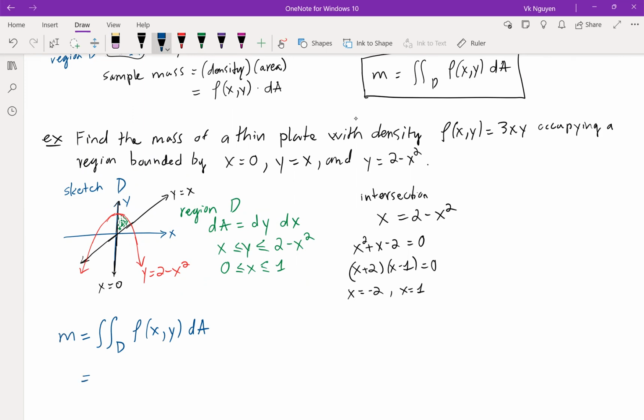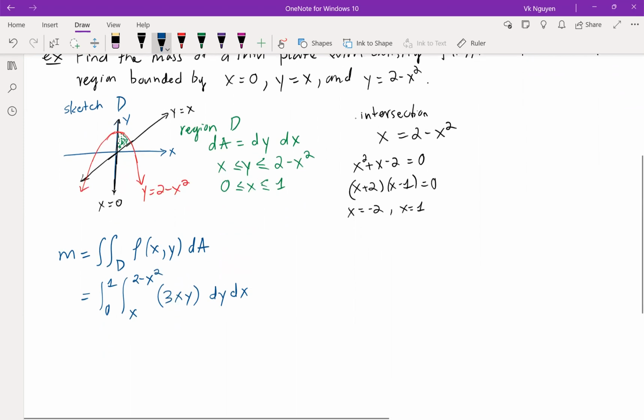Double integral over the region D, well, 0 to 1, x to 2 minus x squared, rho xy is 3xy dy dx.